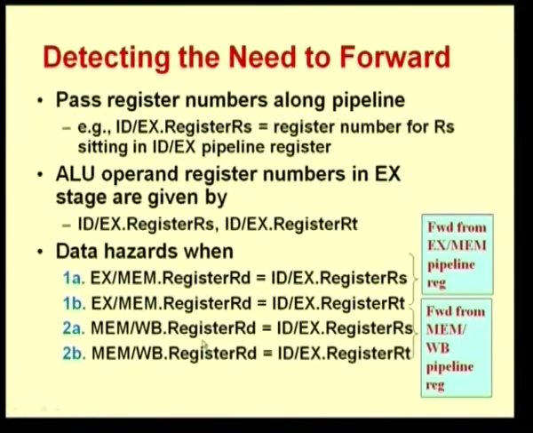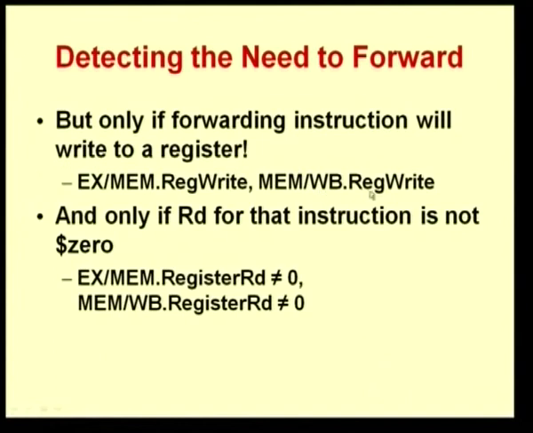That is, this check that we did over here obviously is valid only if this value is actually going to be written to a register, right. So, we need to check whether the register write signal is active or not. You will also have to check whether these two signals are active, and only if RD for that instruction is not 0.